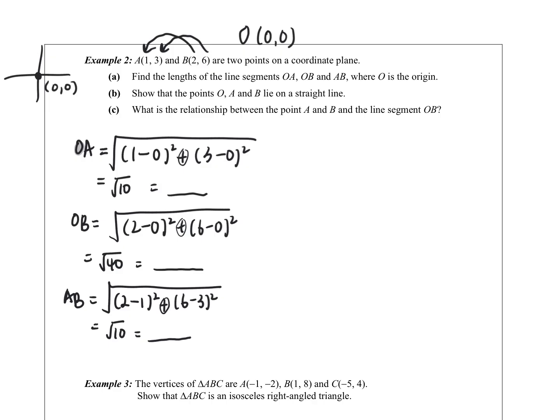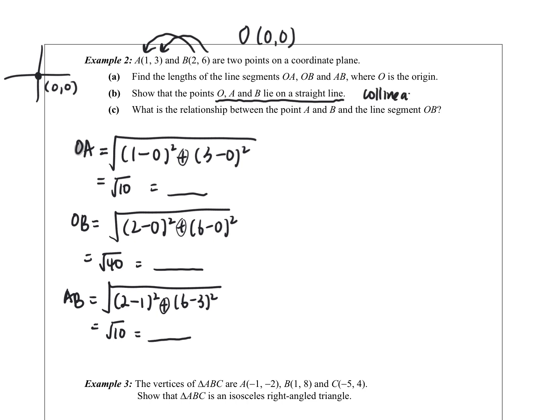So when you want to show that 3 points are on a straight line, what do you need to prove? They're on the same line. How to prove that they are on the same line? Find y-intercept? No. Okay, remember we talked about this. When 3 points lie on a straight line, what are we saying? They are collinear points.